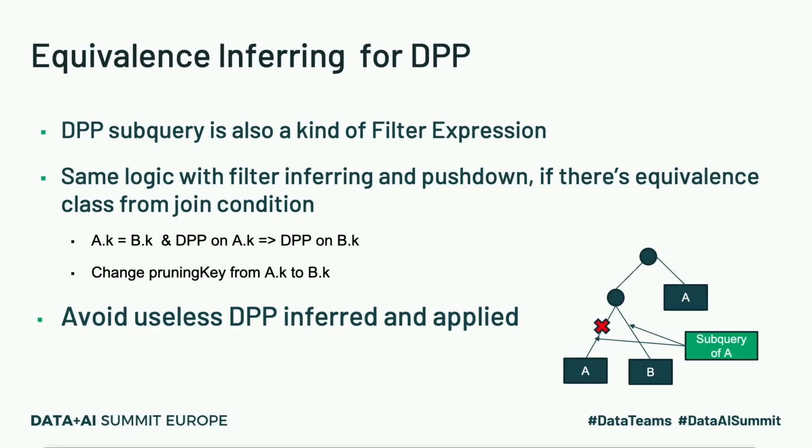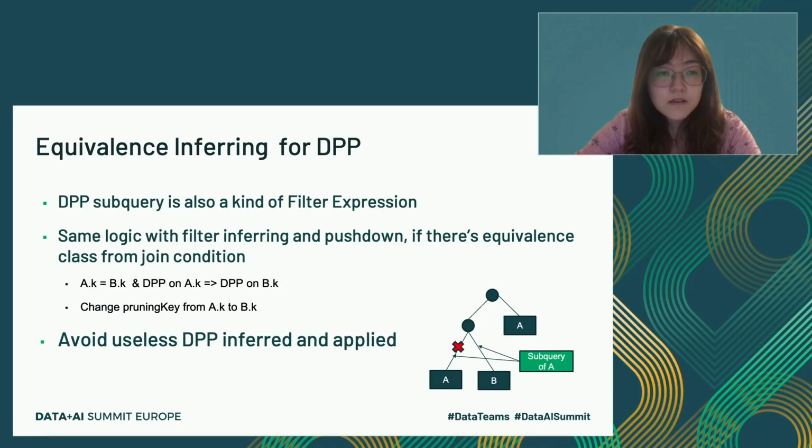And another improvement on DPP is the equivalence inferring. We should know that DPP is also a kind of filter expression, so it's okay to apply the DPP for filtering, inferring, and push down.